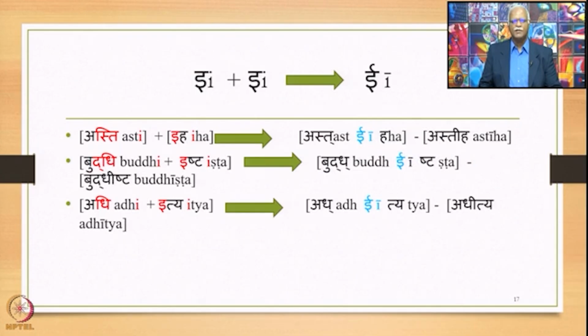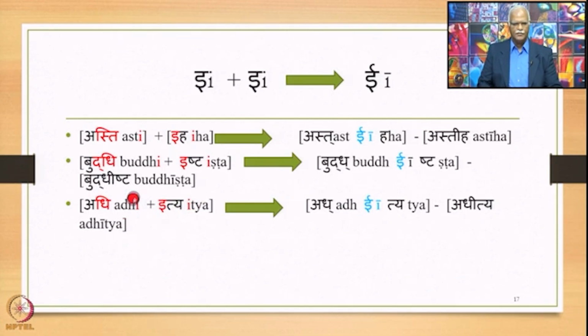Similarly, we have Buddhi plus Ishta, now the compound. Since this is a compound, Samhita is obligatory, and so I is immediately followed by I in the Samhita mode. So 6.1.101 Akassavarne Dirgha applies and returns the output in the form of Buddh, I and Shta. So we have Buddhishta as the output.